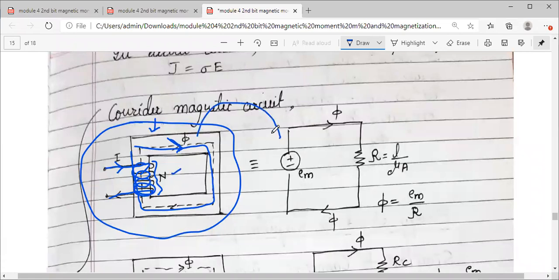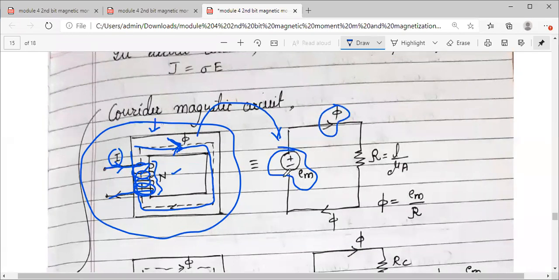Now, if I want to draw an analogous circuit for this: there is a conductor in the form of a number of turns in the coil, and some current flows through it. So MMF will be produced. There exists MMF, so I have replaced that with Em. And we have flux.